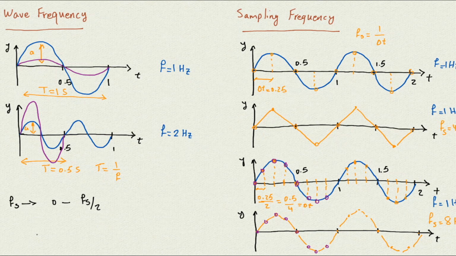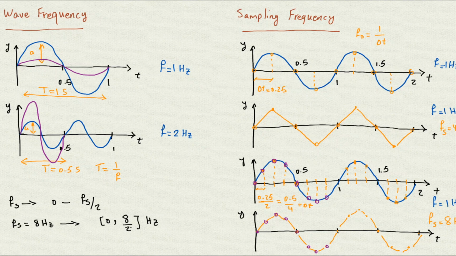In other words, for example, if my sampling frequency is 8 Hertz, then in my analysis I can only go between 0 and 8 divided by 2, or in other words 4 Hertz. I can only analyze the wave within this range.